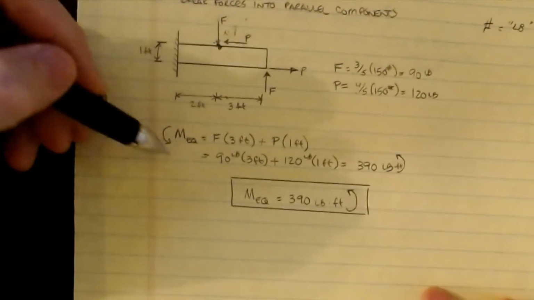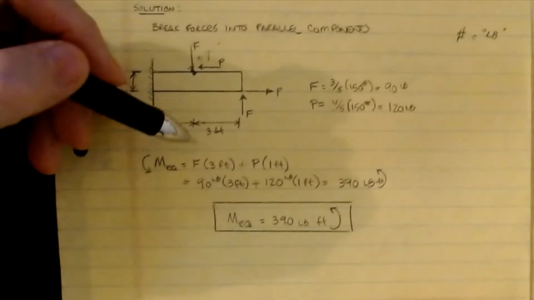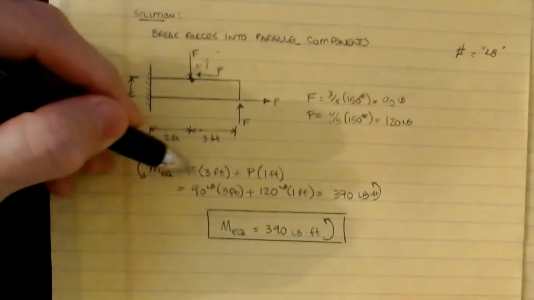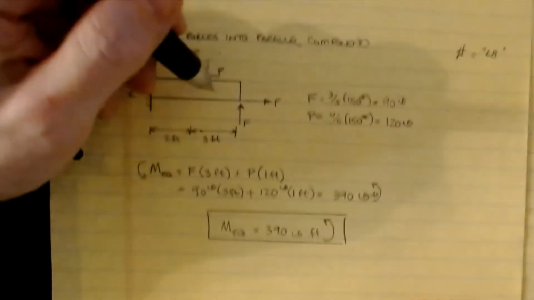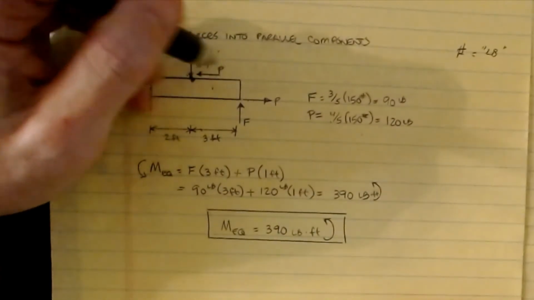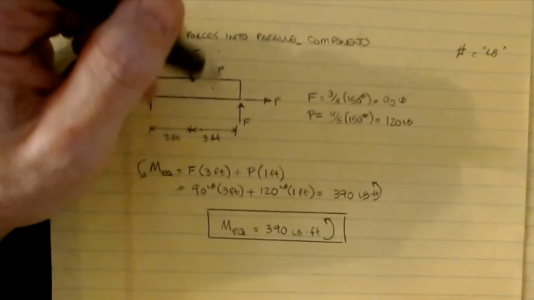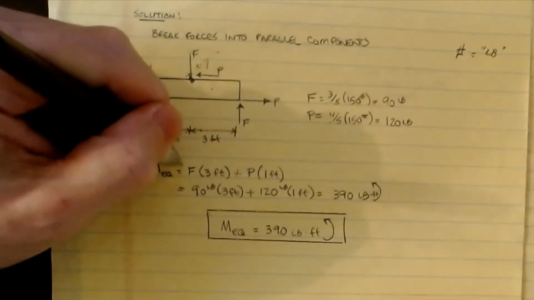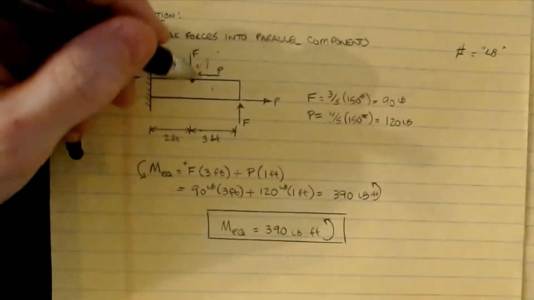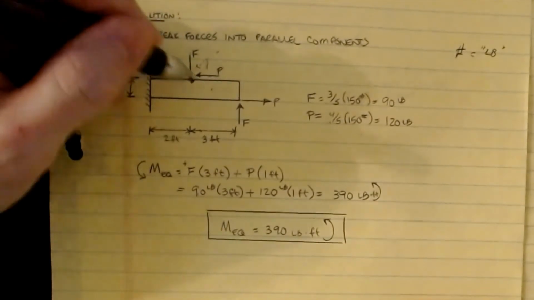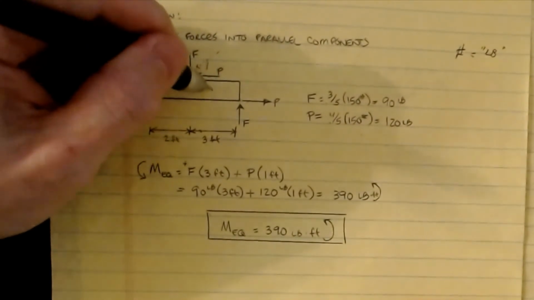So the moment equivalent of both of those acting together is we do F times 3. Now if you look at the way this is rotating, this is going counterclockwise because F is down here and up here, so it's wanting to spin this way. Counterclockwise, we said that was positive. And then P is going to be to the left here and to the right there relative to a point in between.